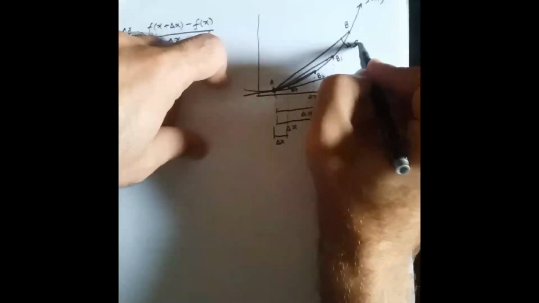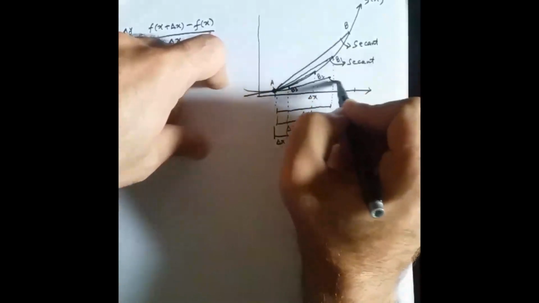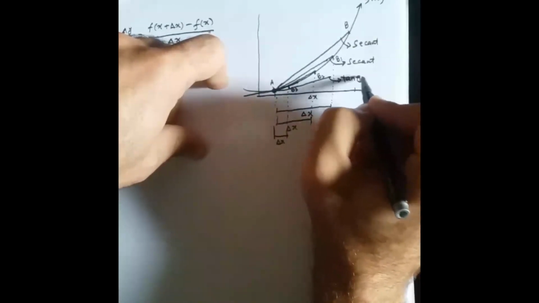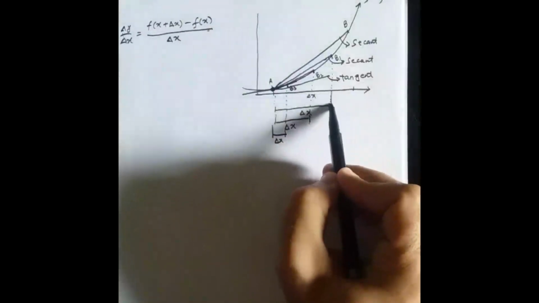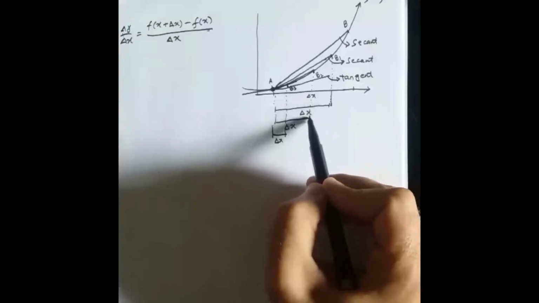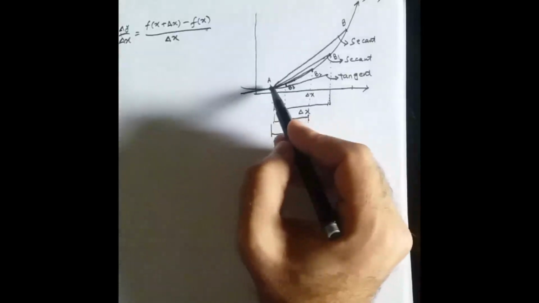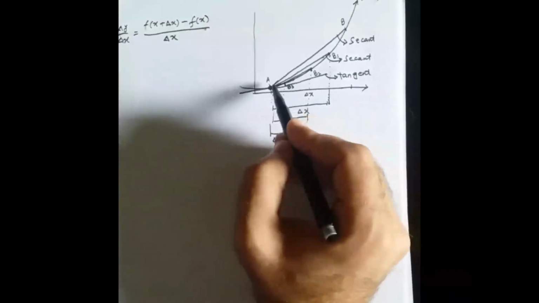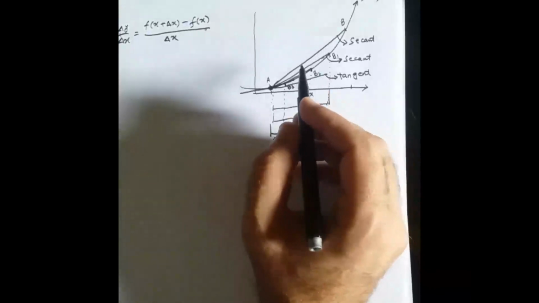It was a secant, and finally it becomes tangent. So for the tangent line, we see that delta x reduces, reduces, and finally when we take B over point A and the secant line becomes the tangent line, then delta x approaches 0.